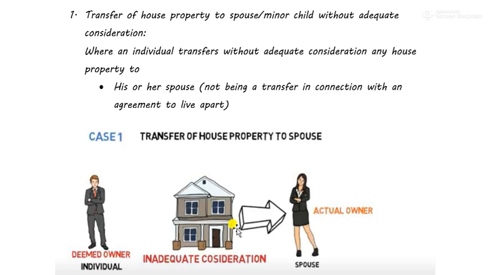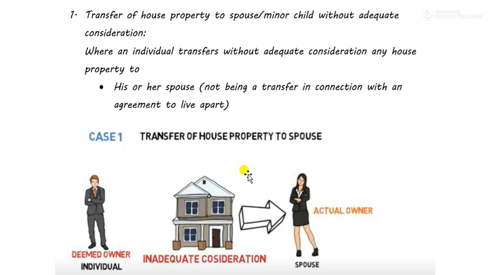Why? Because although he has transferred it for inadequate consideration, the friend of Mr. A is not his spouse, or the minor child of Mr. A. The only situation where the transferor, Mr. A, shall be considered as the owner is if and only if he transfers the house property to his spouse or minor child and the consideration is inadequate.